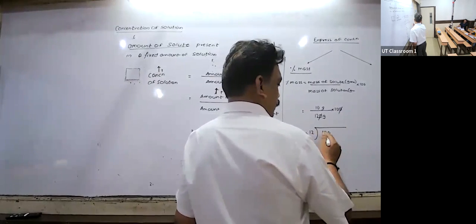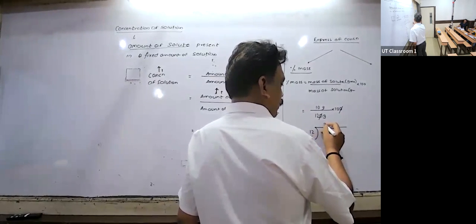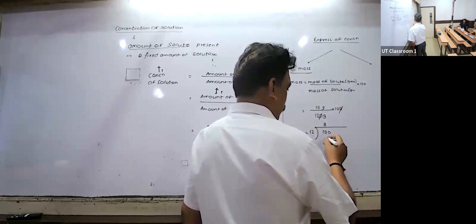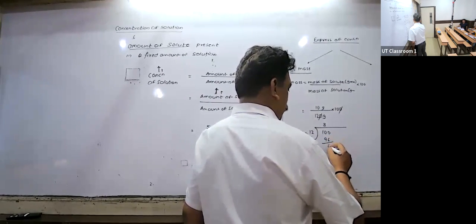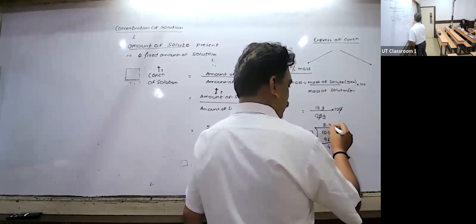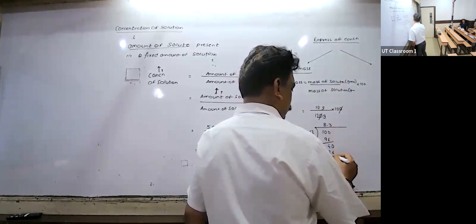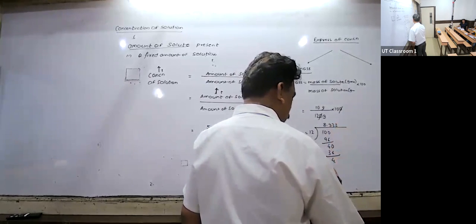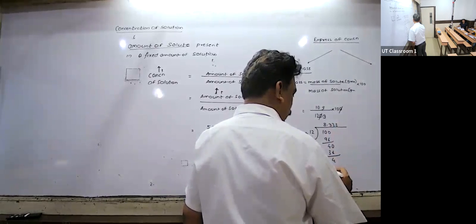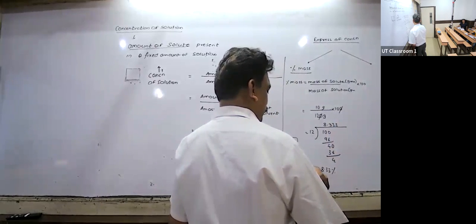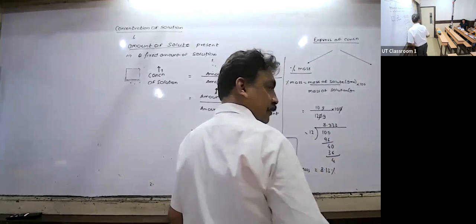Now, what is it? 12 it's a 96, ना? Right or not? 96 कितना बचा? 4. 12 threes are 36, फिर अपना 4 बचा 3.8. That means he is having a 8.333%. This is mass percentage or percentage mass.